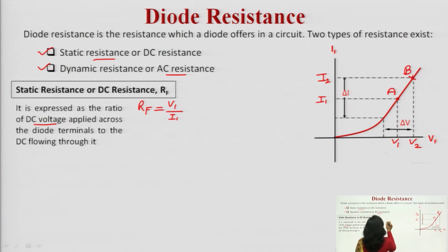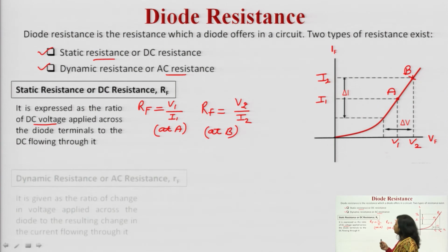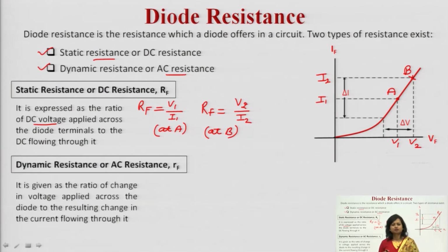So, what is the static resistance at this point? RF will be V2 upon I2. This is at A and this is at B. So, this is how you can calculate the ratio of voltage to the current at any particular point, which gives you the static resistance. Now, let us talk about the dynamic resistance. Dynamic means where there is certain variation, certain change.